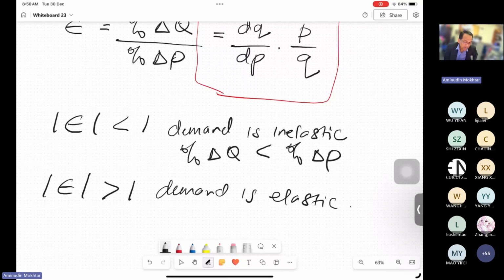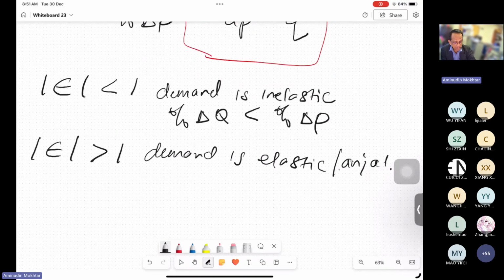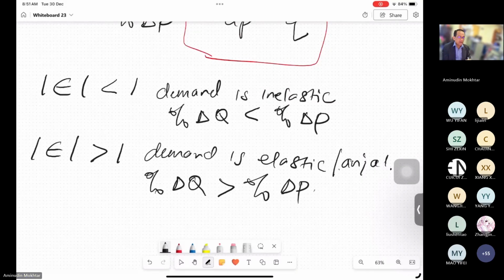In bahasa Melayu, permintaan adalah anjal. Elastic or anjal. In this case, the percentage change in quantity is greater than the percentage change in price.